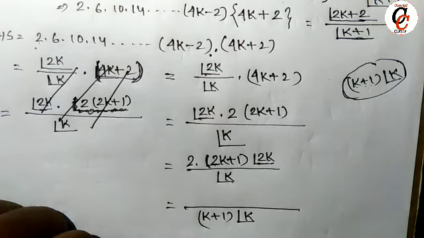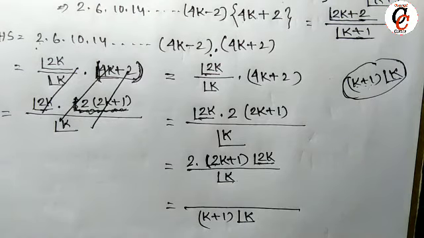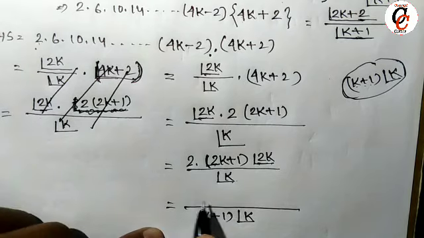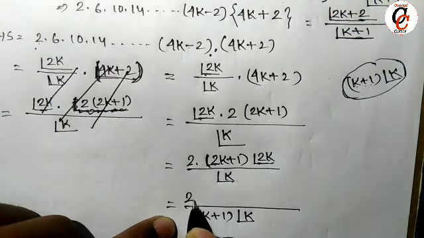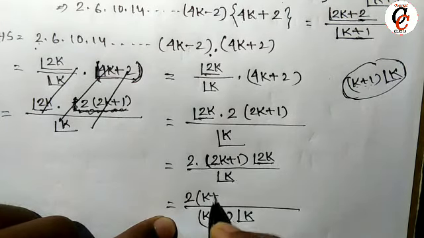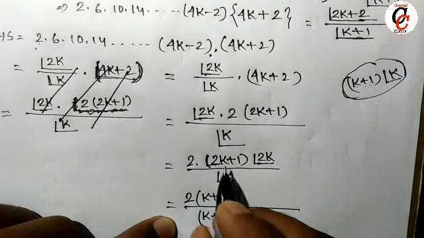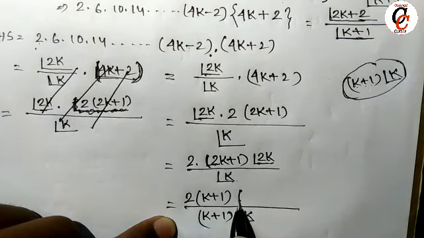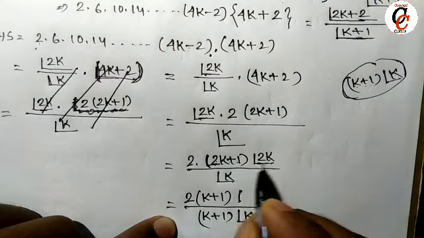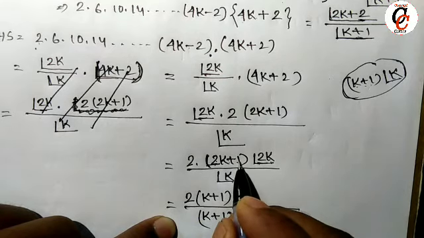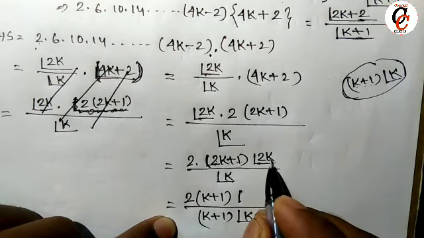Is there any problem? Yes, problem. Why? I can't give it only here. If I give it in the denominator, then the same thing I have to give in the numerator. So I am giving here also 2 into k plus 1, and see these things, 2k plus 1 into 2k. 2k plus 1 into factorial 2k, what can we write?